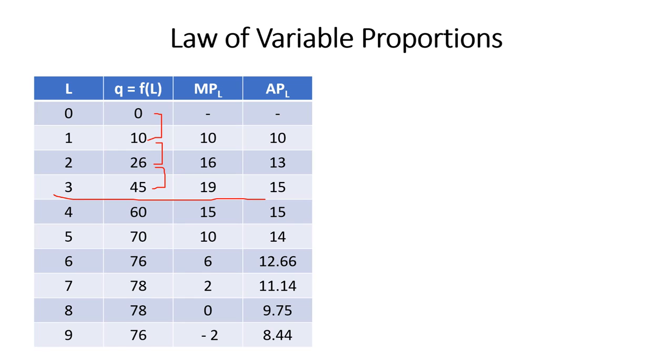Therefore, with an increase in labor, the utilization of the plant increases and that increases the production by a greater amount. In this region, we can see that both marginal product and average product are increasing and are positive. But most of the time, marginal product is greater than average product.